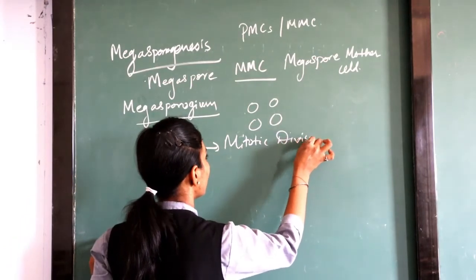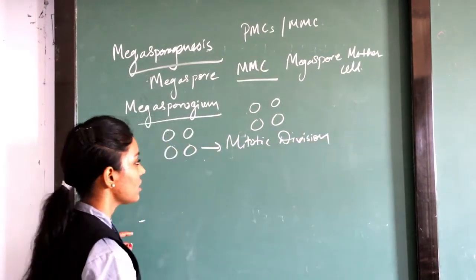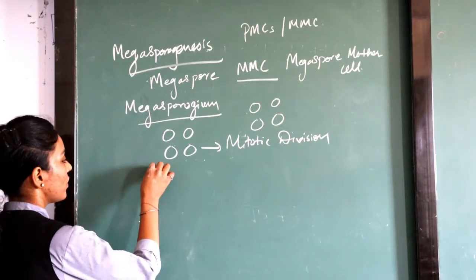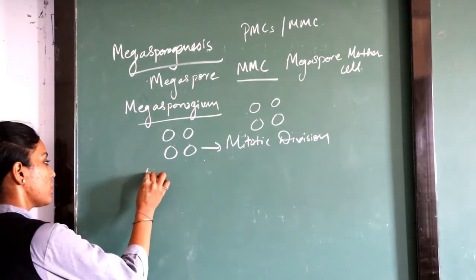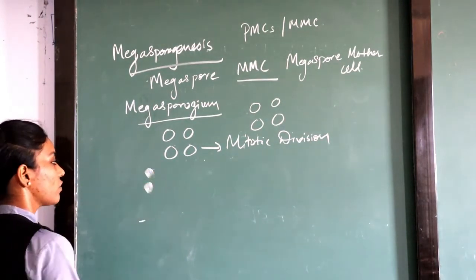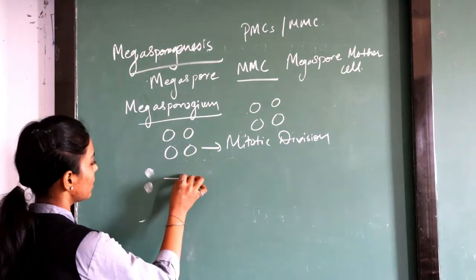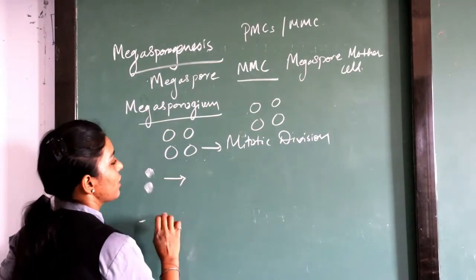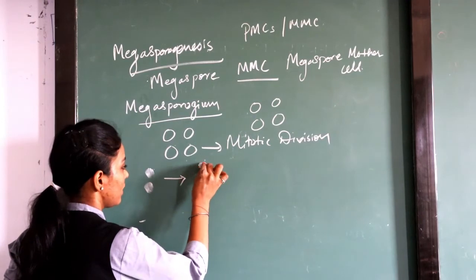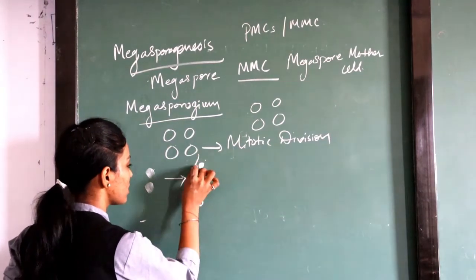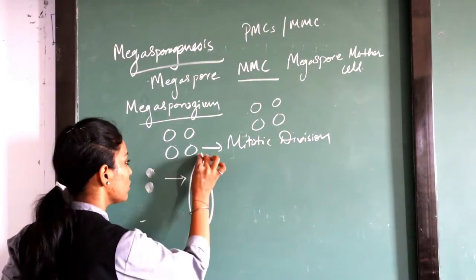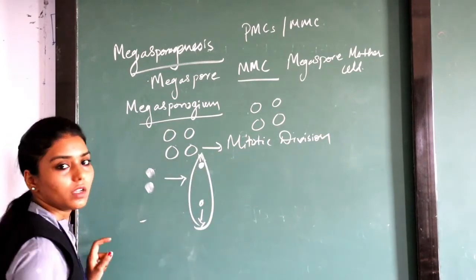When the nucleus divides, it forms 2 cells. These 2 cells further undergo mitotic division and move to the poles.